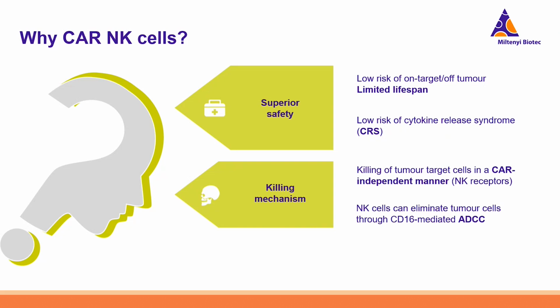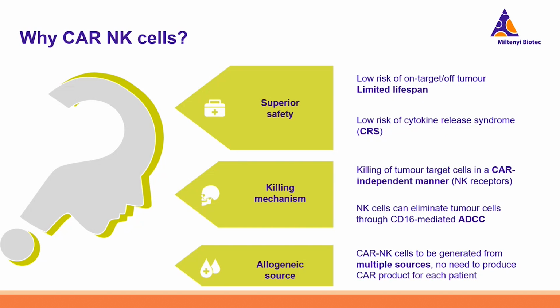They can, for example, be activated by different receptors, such as natural cytotoxicity receptors or NKG2D, or co-stimulatory receptors, including DNAM, or by, for example, activating KIRs. And in addition, NK cells can eliminate tumor cells through CD16-mediated antibody-dependent cellular cytotoxicity, so ADCC. So they have a lot of potential to kill their target cells.